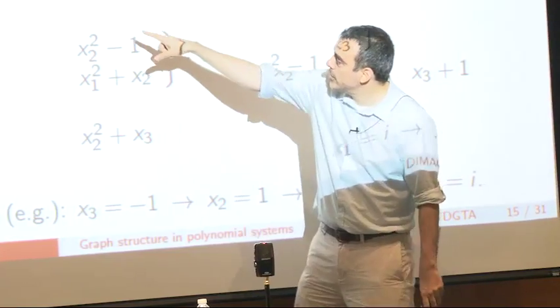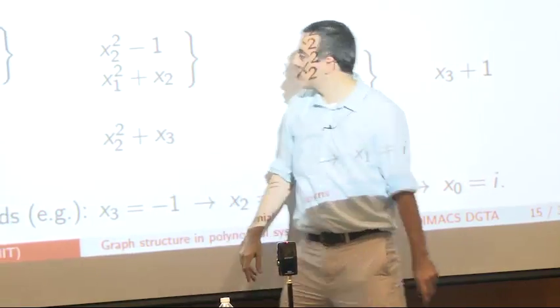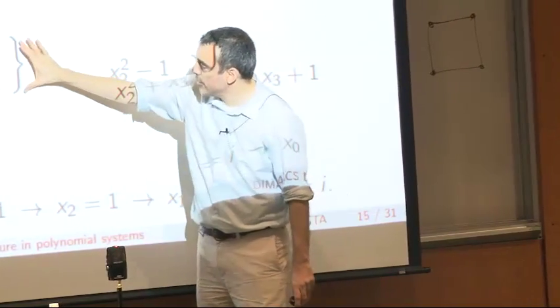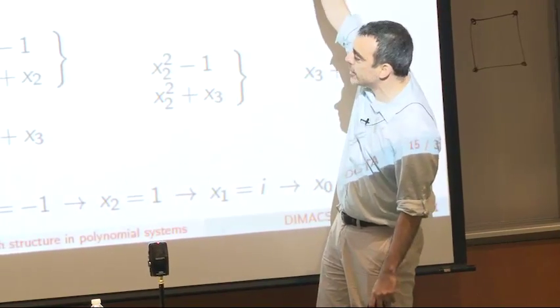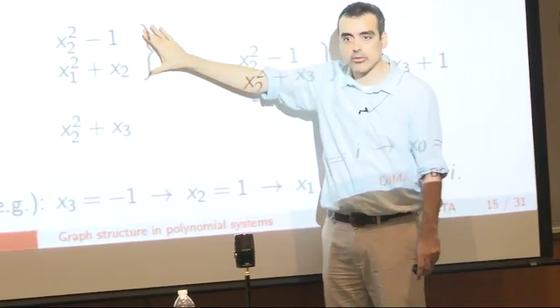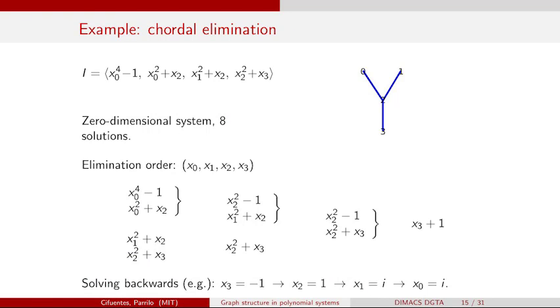The next variable that I want to eliminate is x1. Here I put all the equations that contain x1 and its neighbors, so all the equations that contain x1 and x2. Again, I eliminate x1 from here, and you obtain this term over here. I add this equation over there. Now from here, I eliminate x2, and I get this equation.